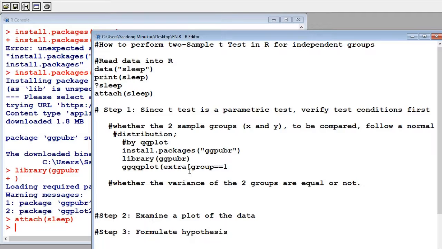Then we close the bracket. So this code simply means we want a ggqqplot for the extra hours of sleep for group 1, the 10 individuals that took soporific drug 1. Let me run this and you see the ggqqplot for this particular group.